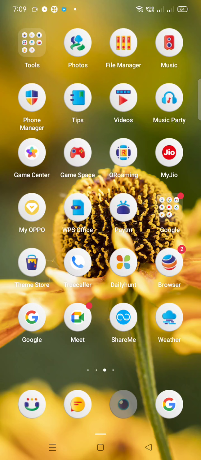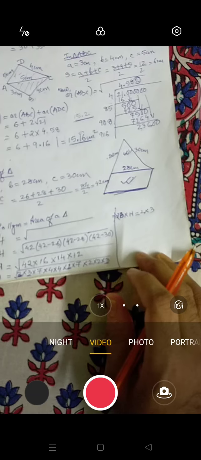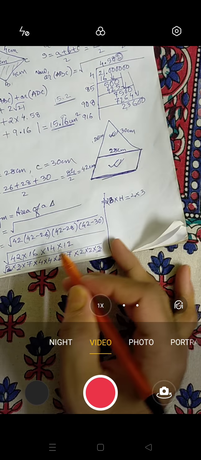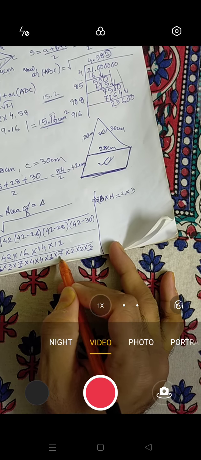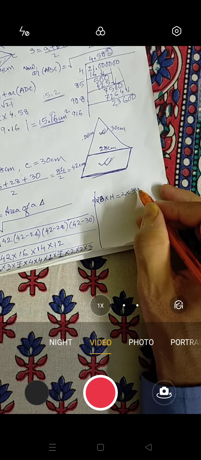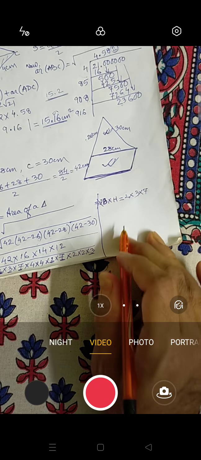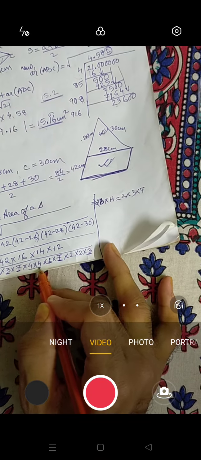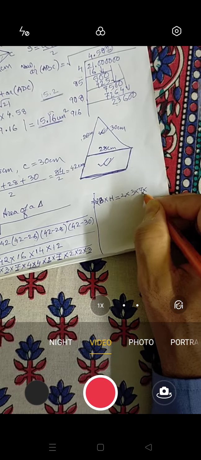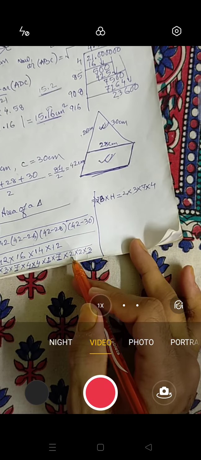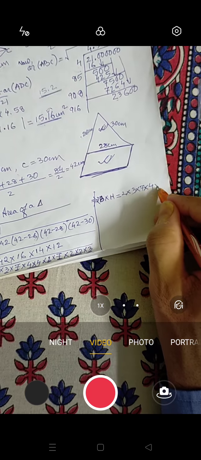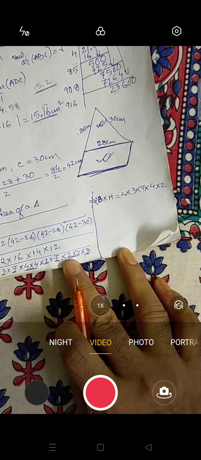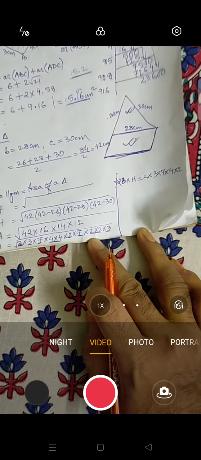Are you getting my point or not? Now this 7 and this 7 are common. Just underline them so that you can remember which numbers you have taken. These 4s you have taken. Now what is left out? These 2 are left out, so this can be taken as 2. Is there anything left inside the root?